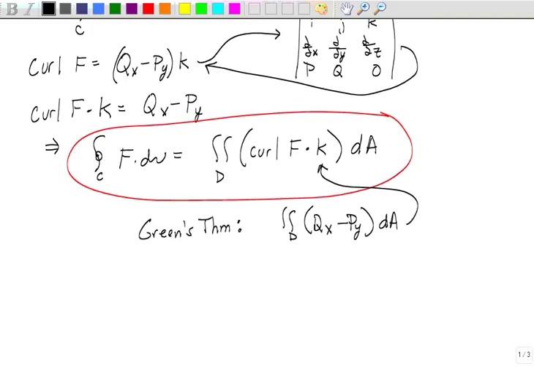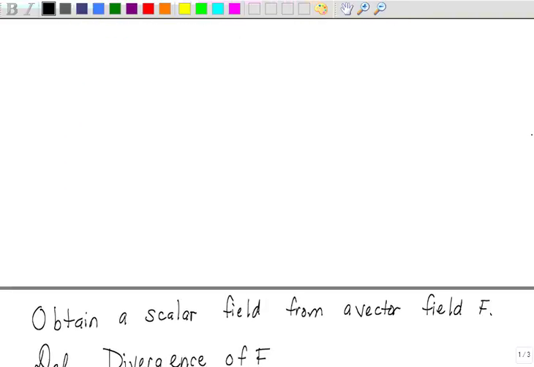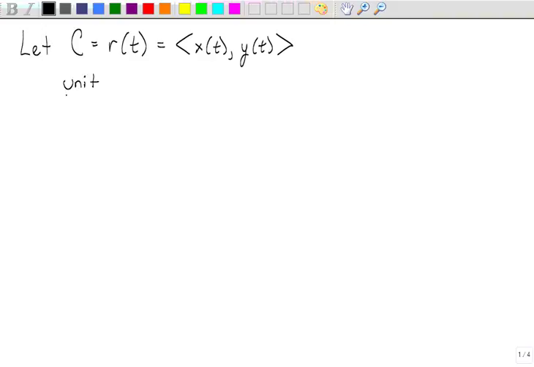Okay, let's look at how the divergence comes into play. Now we're going to let C, the curve, be described parametrically as x of t, y of t. The unit tangent vector is r prime of t over the magnitude of r prime of t.